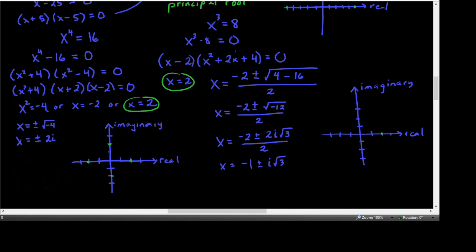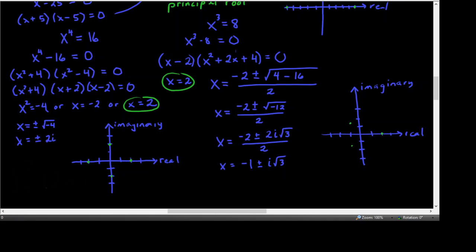The square root of 3, let me type that in my calculator, is about 1.73. So I'm going to go up to about 1.73, and there's that one. And negative 1 minus i square root of 3 is going to be about right there. Okay, so let's see if you can tell me what the connection is.